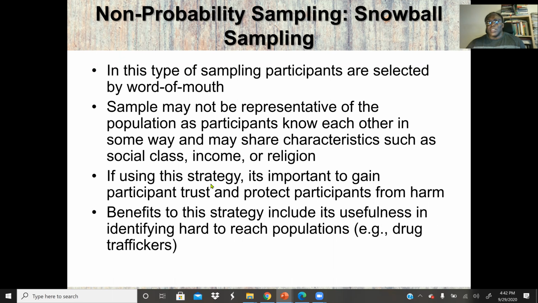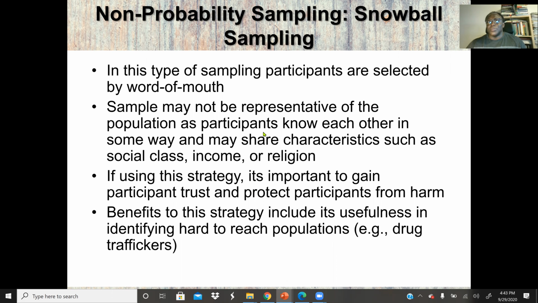If using this strategy, it's very important that we gain participants' trust and protect participants from harm. Also, the benefit to this strategy include its usefulness in identifying hard to reach population. For example, drug traffickers. If I want to do studies on this, it will be difficult to reach them.